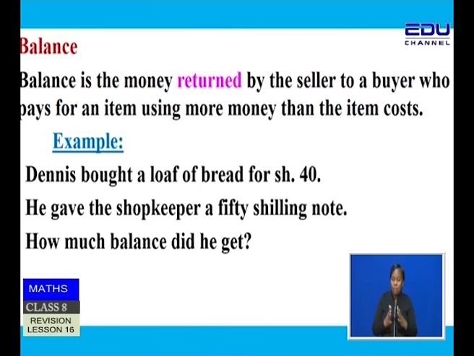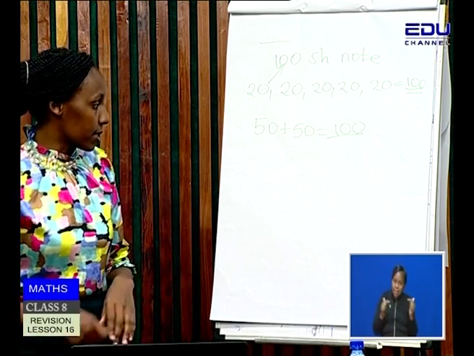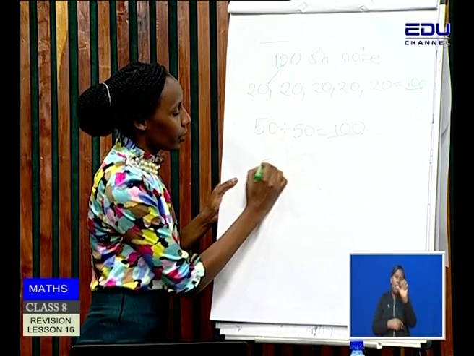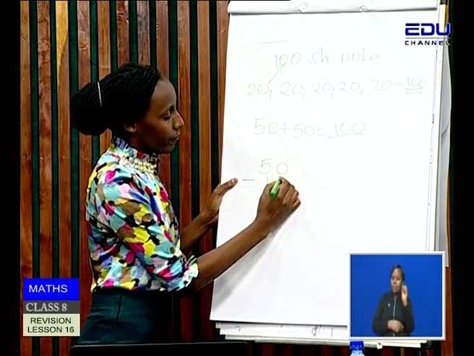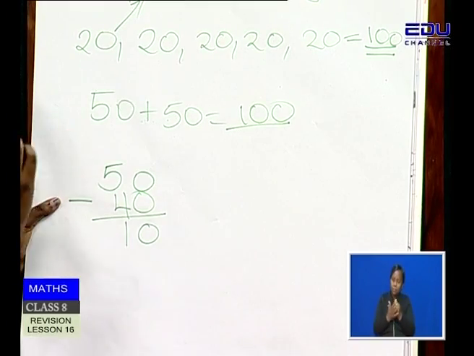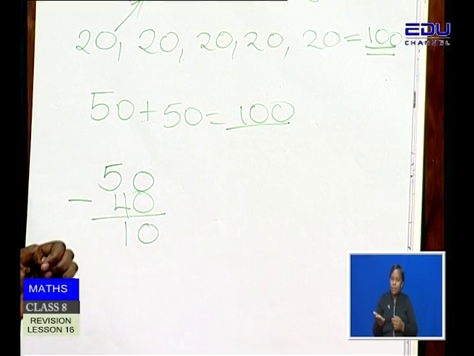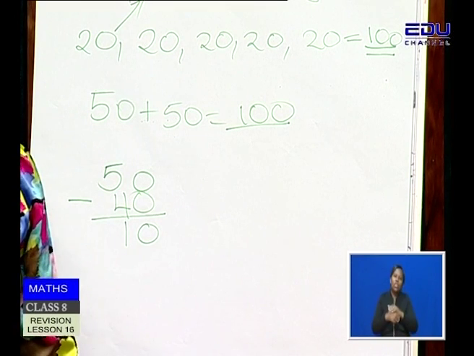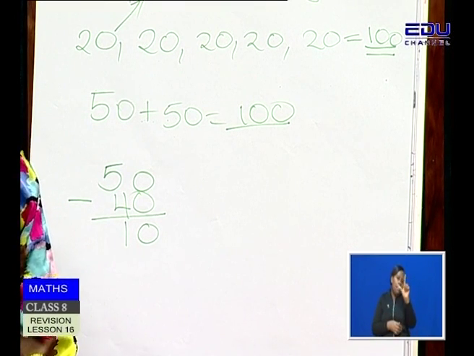The difference is what we call the balance. So we have 50 shillings, take away the 40 shillings, and we are going to get 10 shillings. So in our case here, Dennis got a balance of 10 shillings.